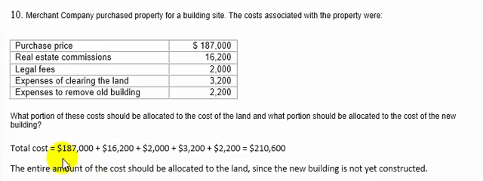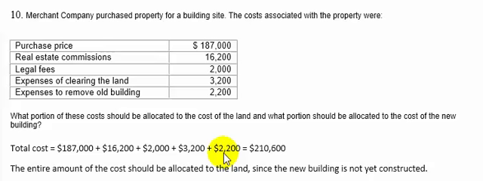So the answer to this question: we're looking at $187,000 for the purchase price, plus $16,200 real estate commissions, plus $2,000 for legal fees, plus $3,200 for expenses of clearing the land, and $2,200 expenses to remove the old building.